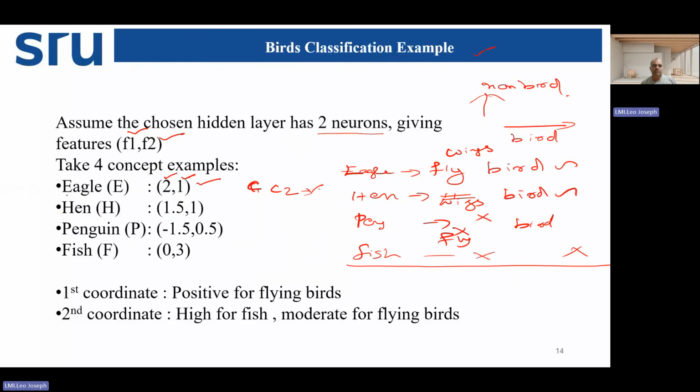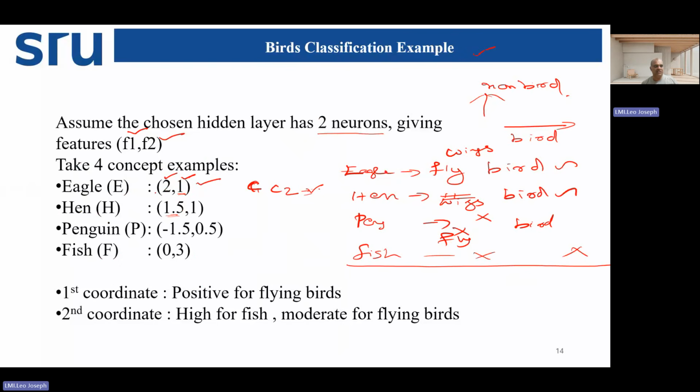So you can see here, for eagle, C1 is high: 2. And the second feature is moderate. It is not a fish, so it is moderate, but we cannot say it is definitely not a fish, since the neuron cannot identify whether it is an eagle or a fish. But due to the flying posture, as it is looking at the wings, it gives 2 and a moderate value of 1. Similarly for hen, it has less flying feature, so it is 1.5.